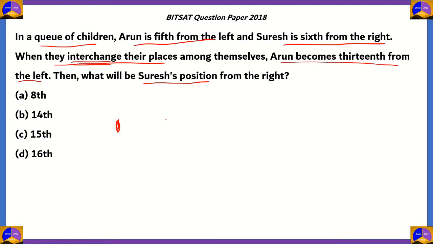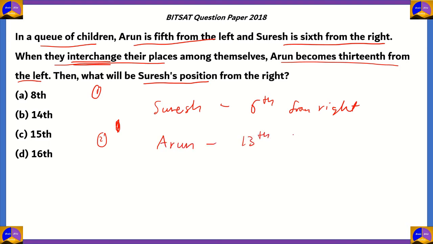So in the first case, Suresh was 6th from the right. And in the second case, Arun occupies the same place, but his position was given as 13th from the left.